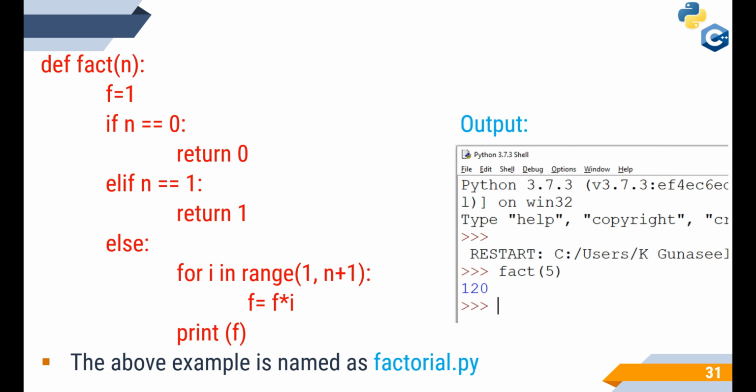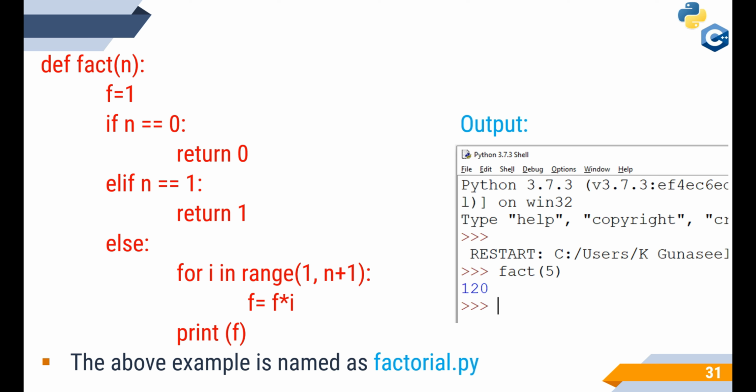Here, def fact of n, f equal to 1 is the initial value. If n is double equal to 0, return 0. If n is double equal to 1, return 1. Else, for i in range 1 comma n plus 1 colon, f equals f star i, and then print f.